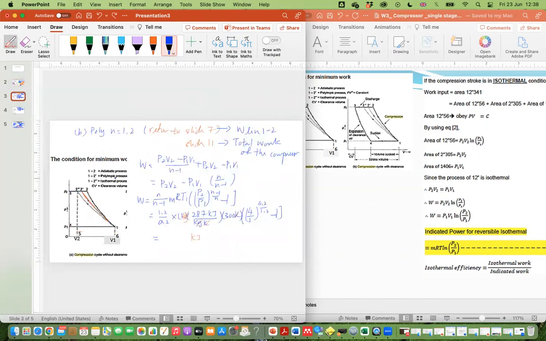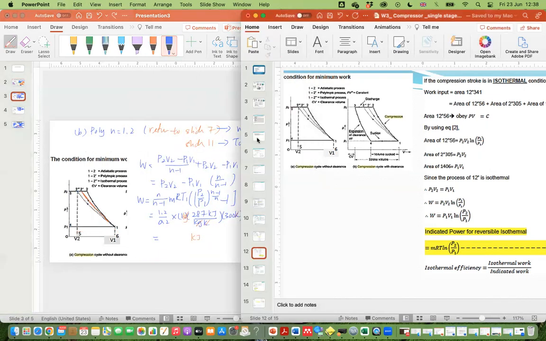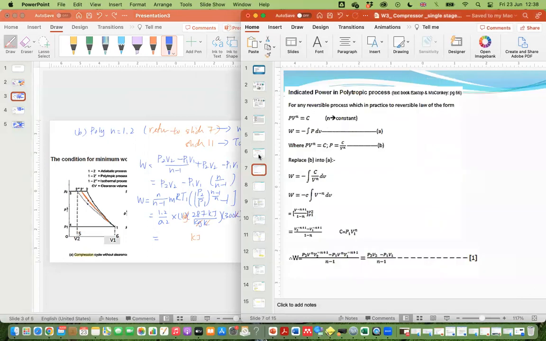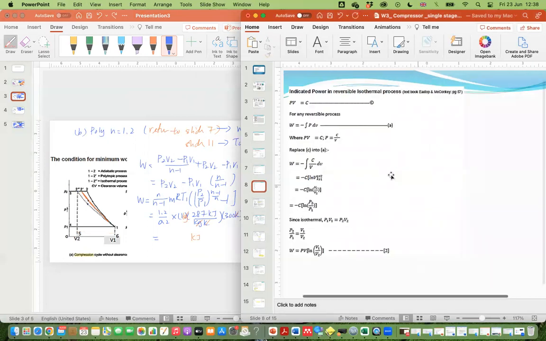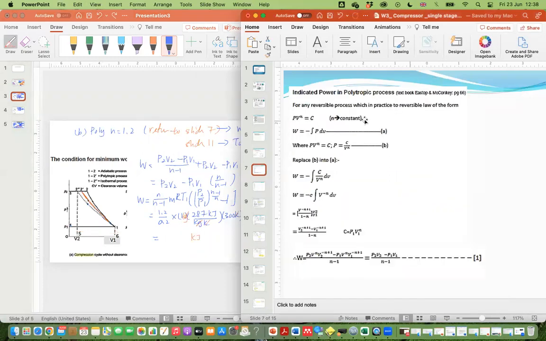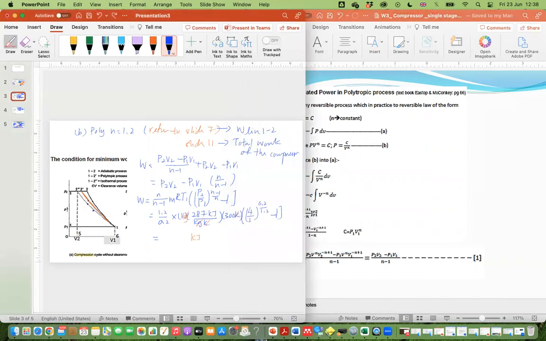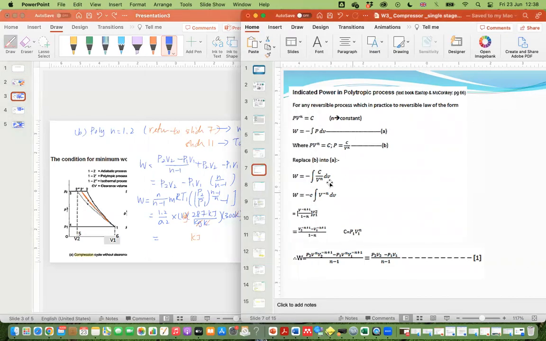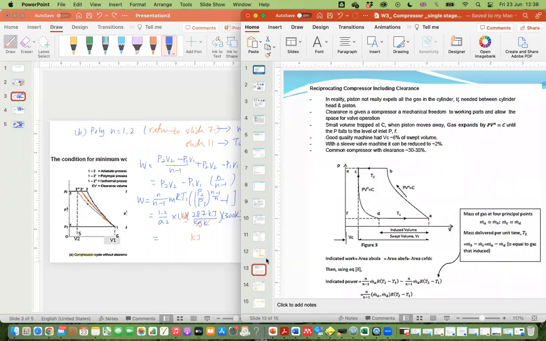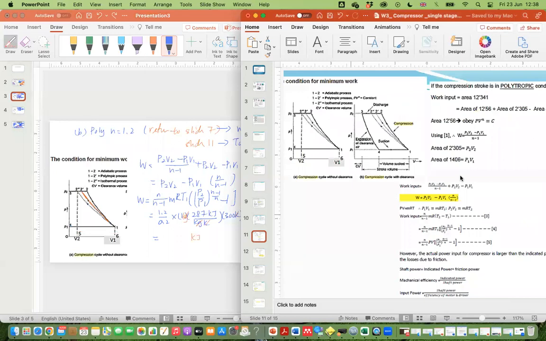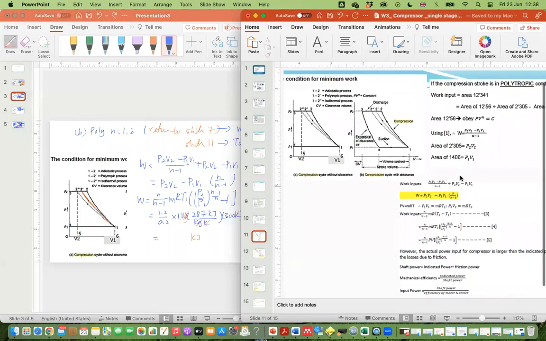Okay, let's move to polytropic. Like I mentioned just now, number 8 is isothermal. To get the polytropic, you can refer to slide number 7. Again, this is only the orange part of the graph on your left side. If you want the whole process, you have to refer back to slide number 11.